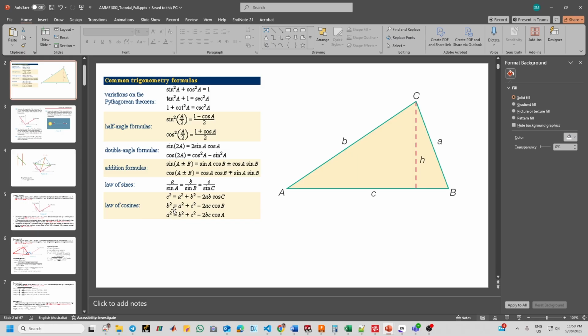So how can we use the cosine formula? If you have the length of each side of a triangle, so you know two sides and the included angle, then you can find the third side.